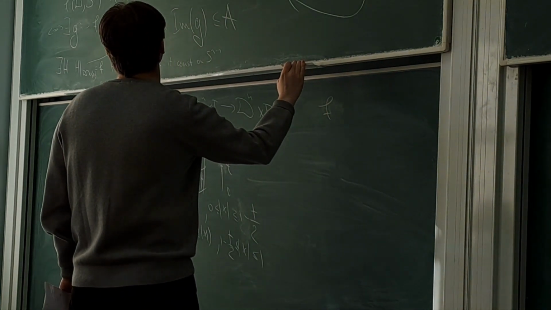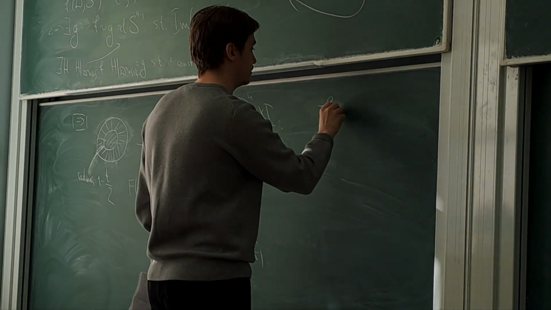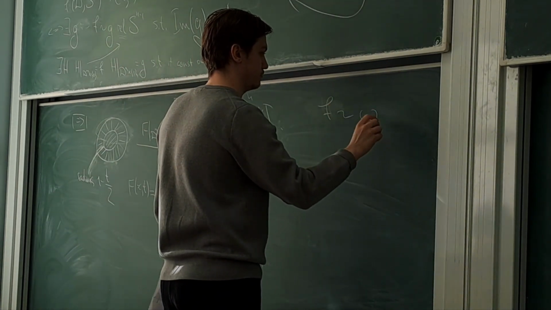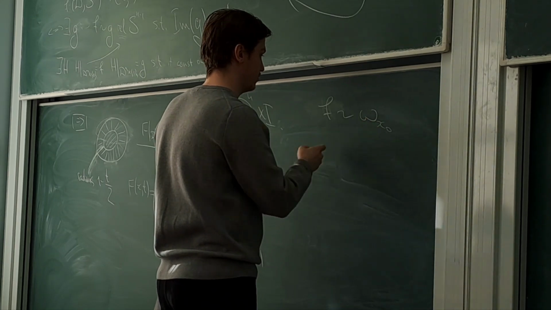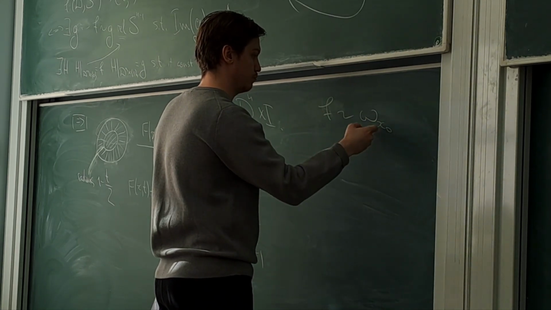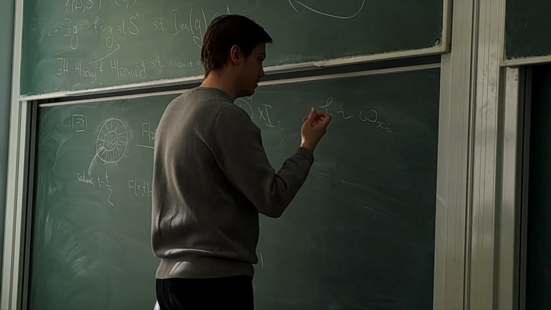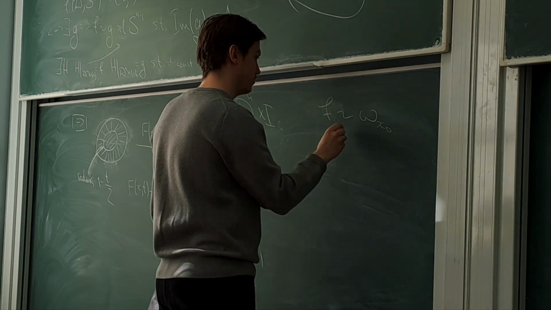What I want to say is that if f is 0 in the relative homotopy group, it means precisely that there is a homotopy between f and the constant map to the chosen base point.